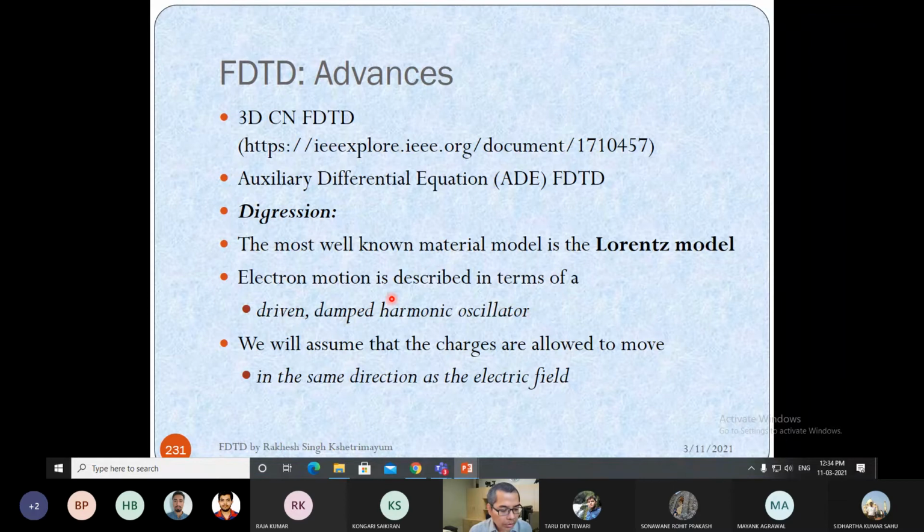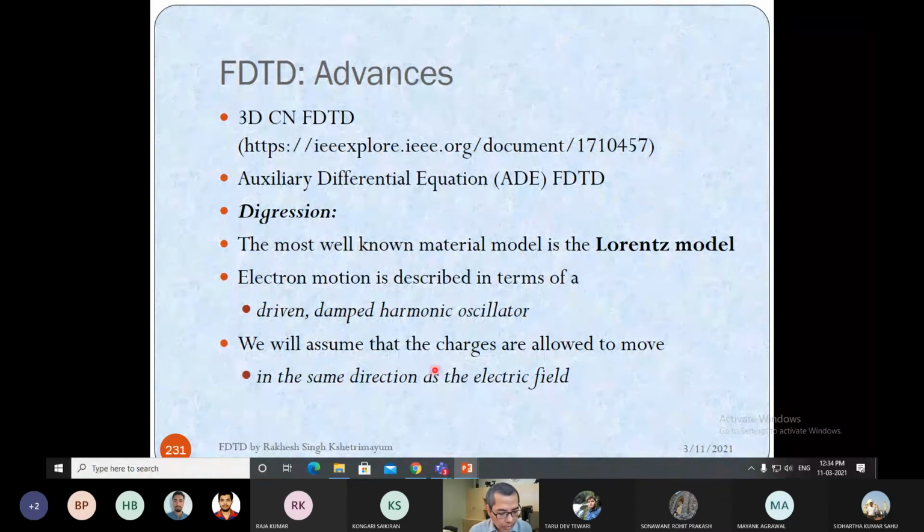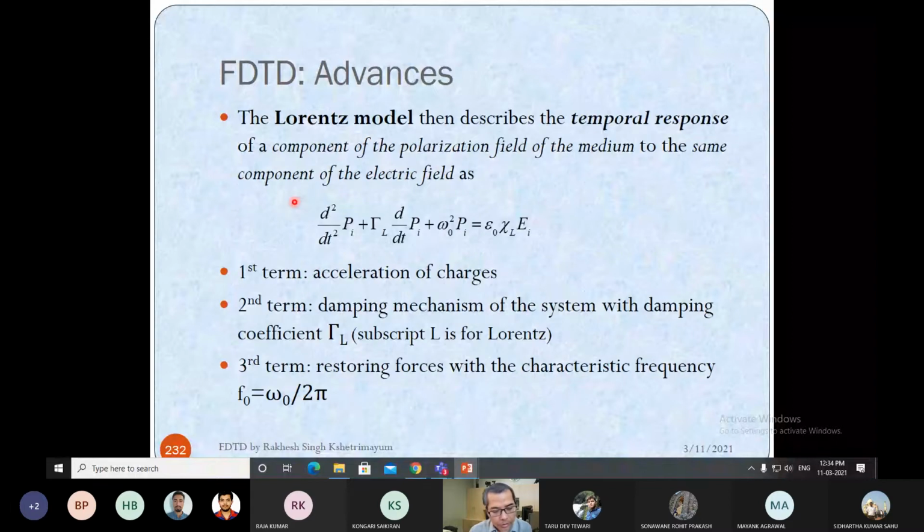So basically they model it as a harmonic oscillator which has been damped and it is driven by some electric field. We'll see that in the next slide. And we also assume that charges are allowed to move in the same direction as the electric field.